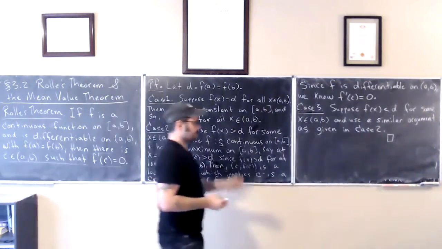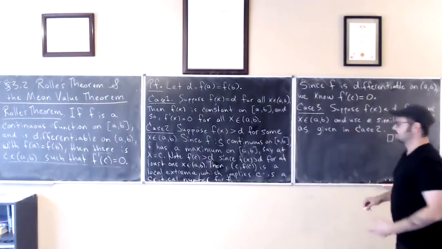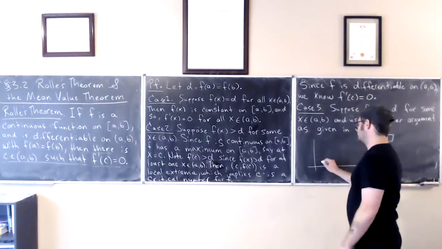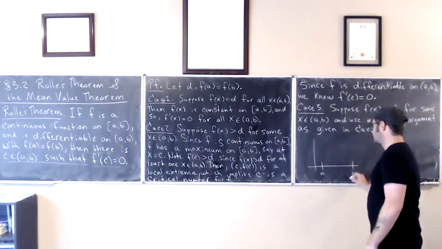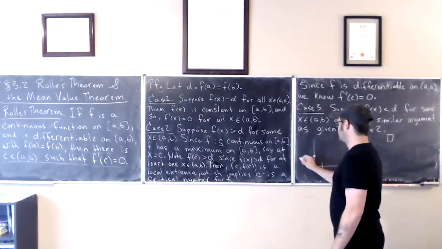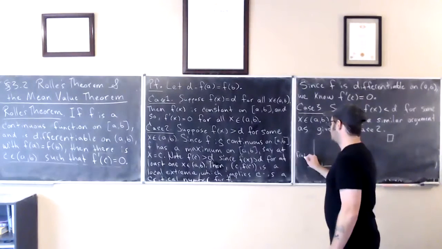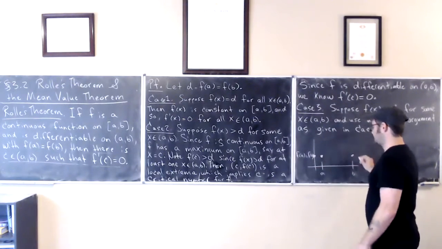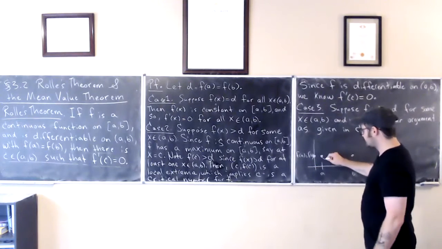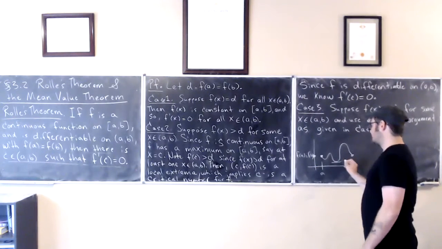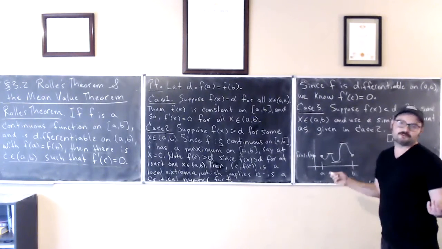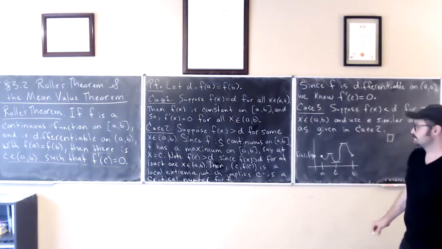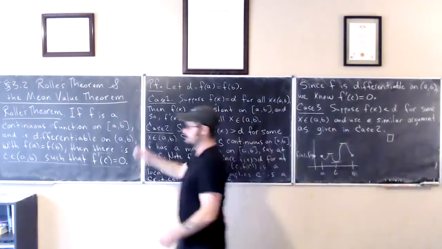Okay. And again, going back to the picture, I think that the pictures really help. Just to reiterate, here's A, here's B, here's f of A, which is equal to f of B. And it's continuous, so no matter what it's doing, it's going to have at least one value in there where the derivative is equal to 0, under this assumption.